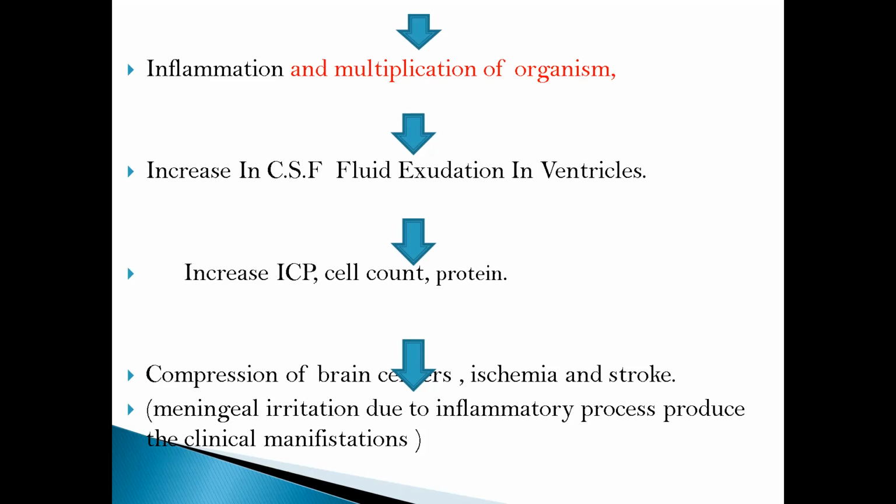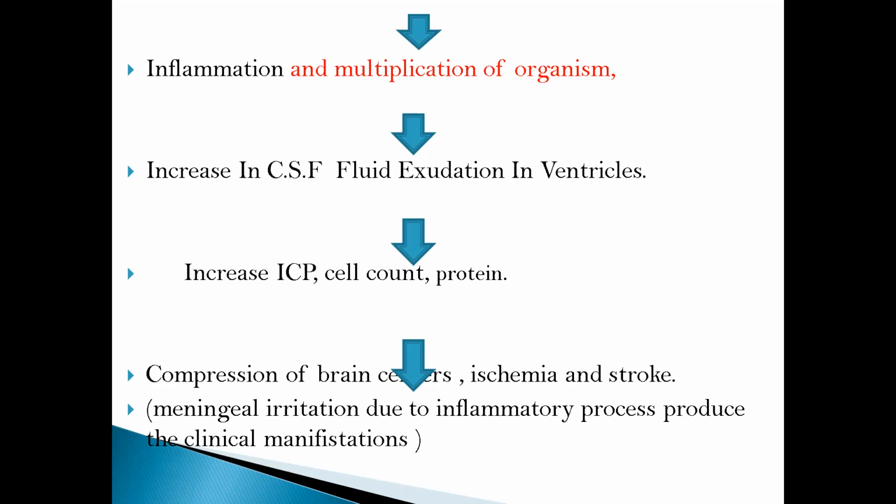Once an organism enters the nervous system, it starts multiplying. This leads to increased CSF fluid exudation in the ventricles, and next it increases the intracranial pressure, cell count, and protein levels.